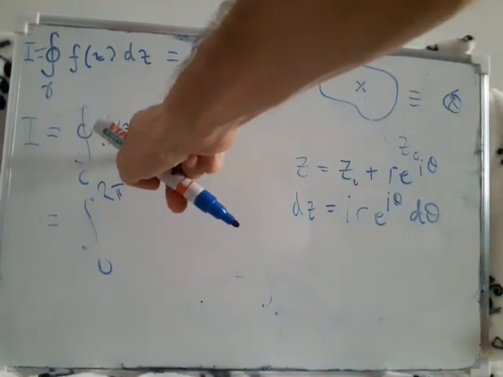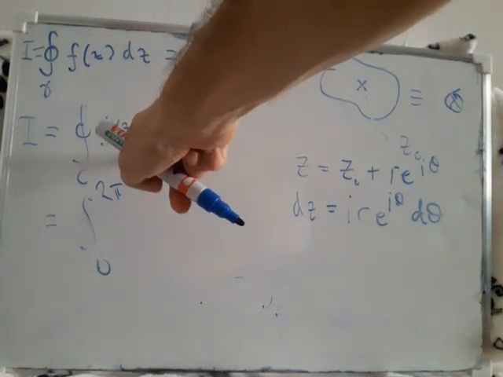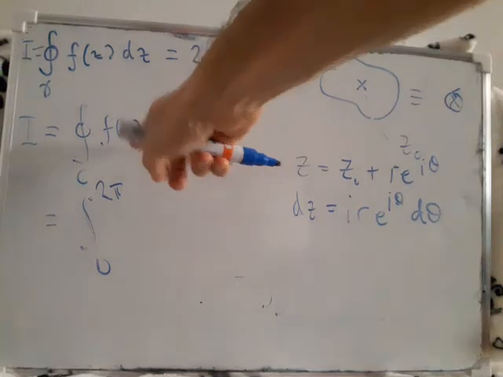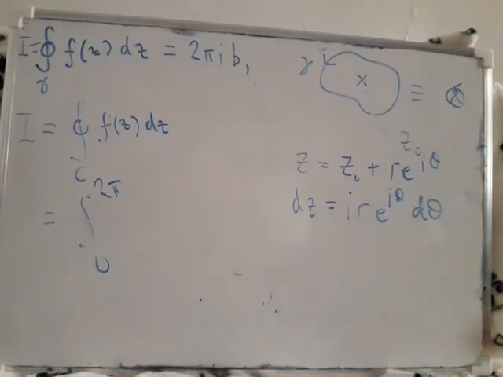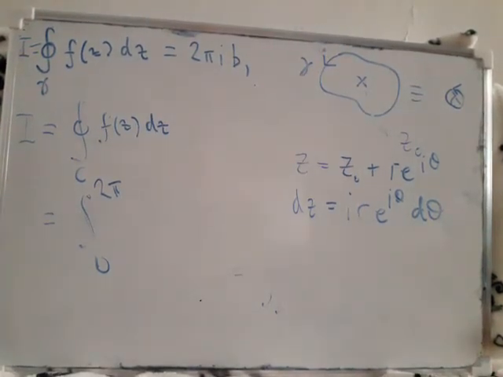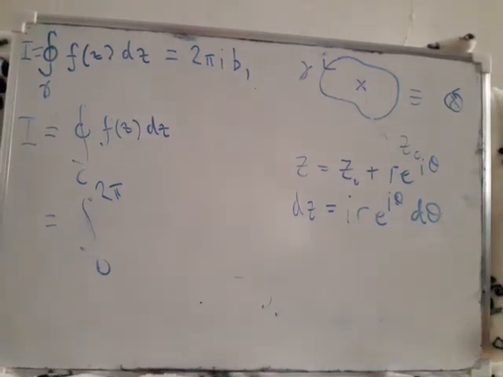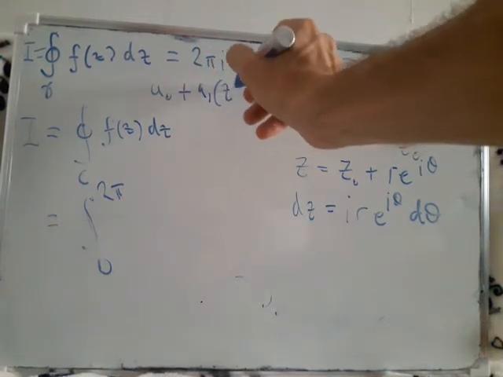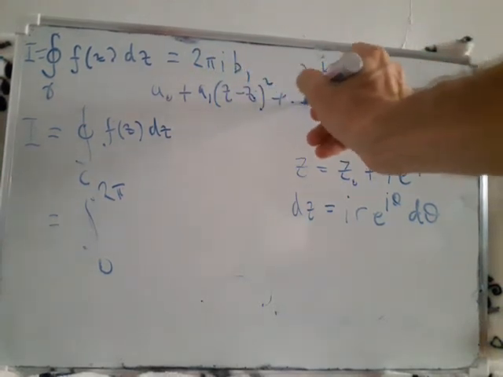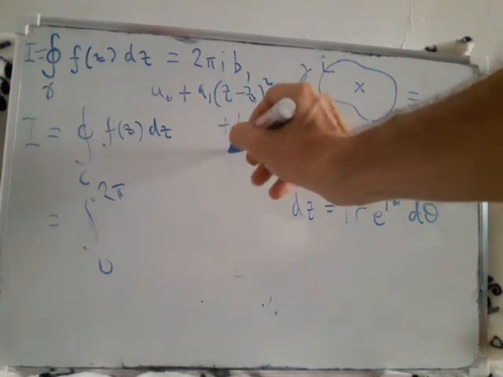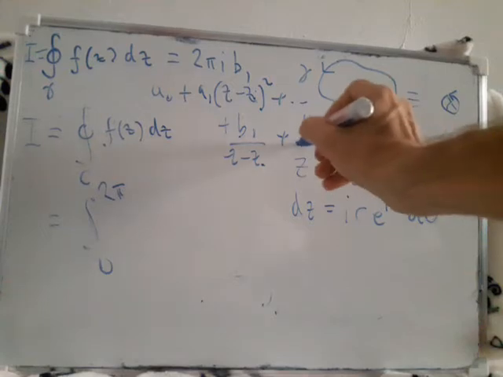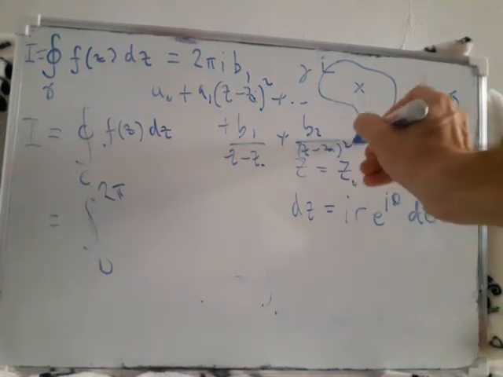And now what about my f of z? Well, f of z we can write as a Laurent series. Now, as we've got a closed curve, remember the Laurent series looks like a0 plus a1 (z minus z0) plus a2 (z minus z0) squared and so on, plus b1 over z minus z0 plus b2 over (z minus z0) squared and so on.